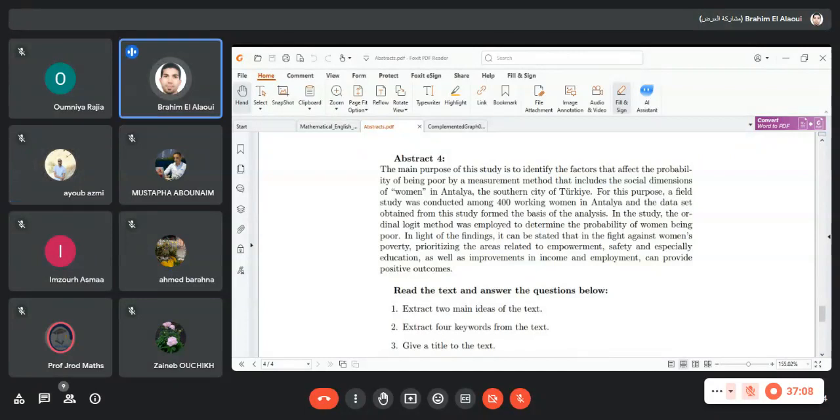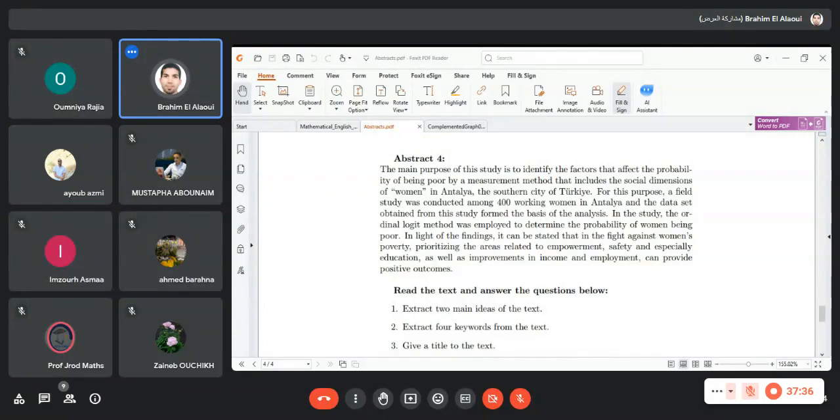Do you have a title for the text? The probability of being poor in the world. This is a general title.